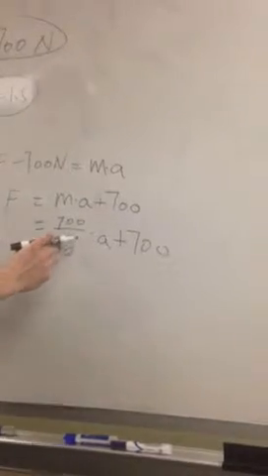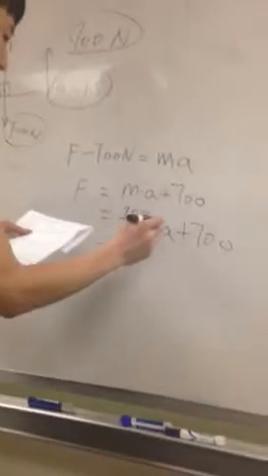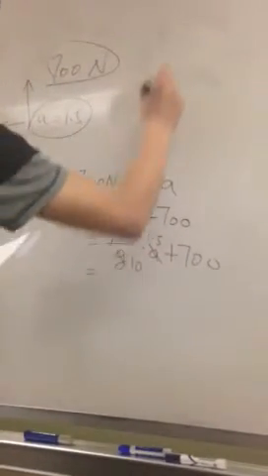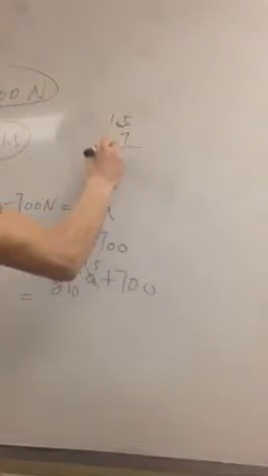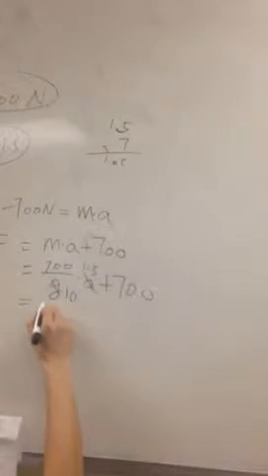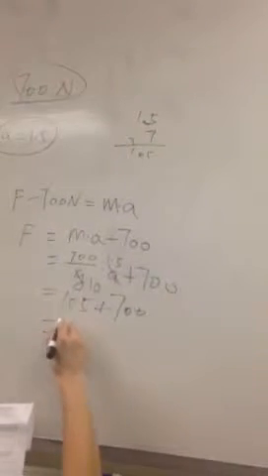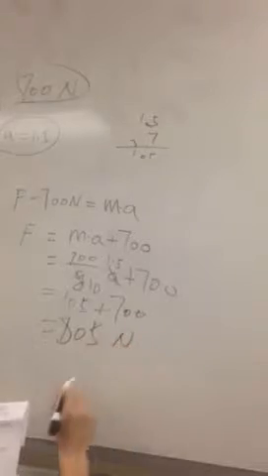If you calculate, for example, you take g as 10, a is 1.5, so it would be 1.5 times 70. So it's 105 plus 700, so it's 805 Newton.